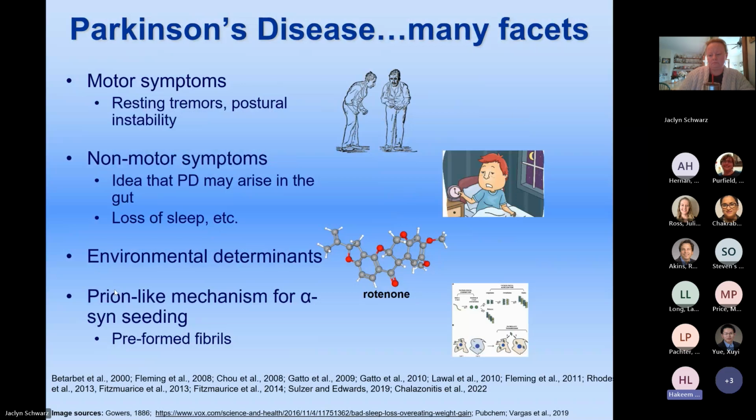And finally, but not least among all of these facets, is a relation back to the non-motor symptoms I mentioned earlier on, and this idea that there is a seeding of this protein called alpha-synuclein that happens at points very distal to the brain, but through a prion-like mechanism finds its way up to the brain and then it kills neurons as it travels along those paths. This is the basis of a relatively new model called the preformed fibril alpha-synuclein model that Virginia Lee's group at Penn pioneered and has been leading the field in helping us understand how the disease unfolds.